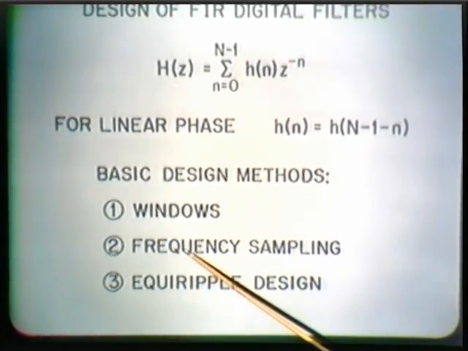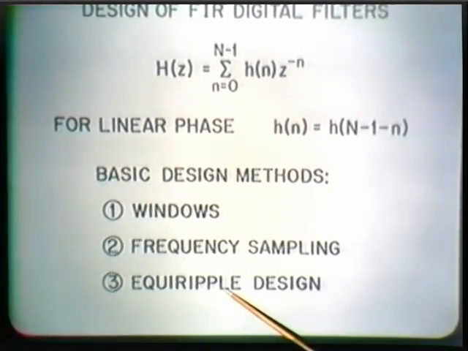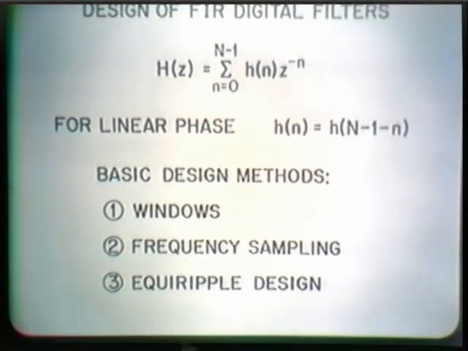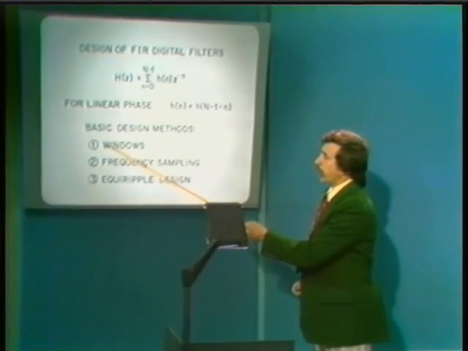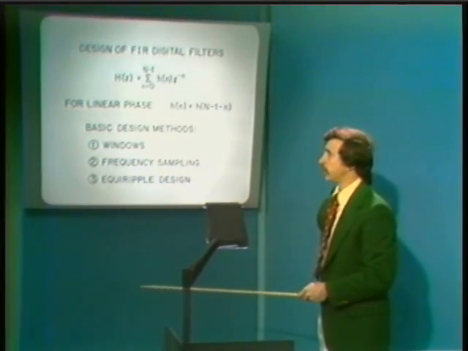A second design technique that is commonly referred to as the frequency sampling method, and a third design technique which is an algorithmic design procedure which results in equiripple filters, which, as I'll comment on again when we get to this point in the lecture, turn out to be important because they have some optimality properties. So these are the three basic design techniques then that I'd like to discuss in this lecture.